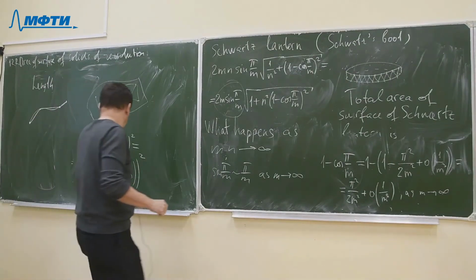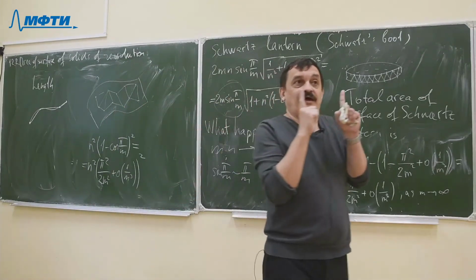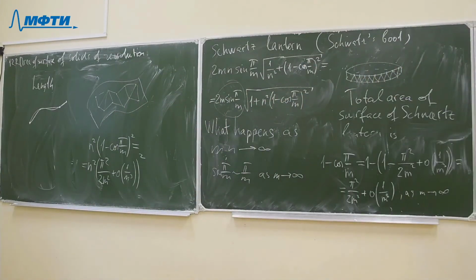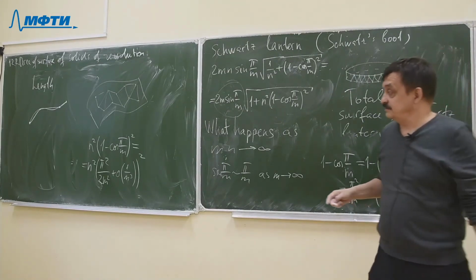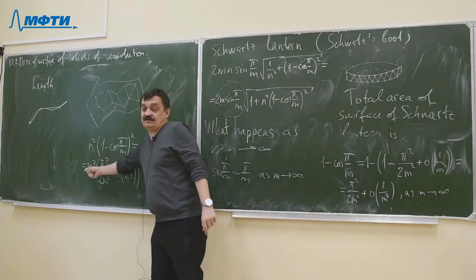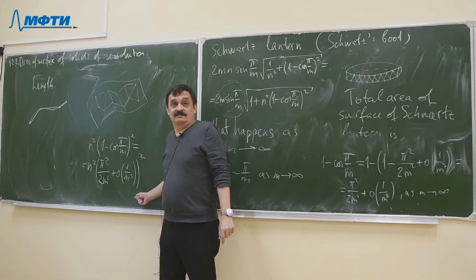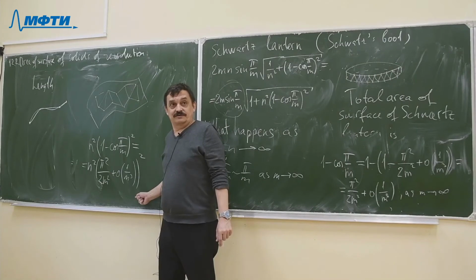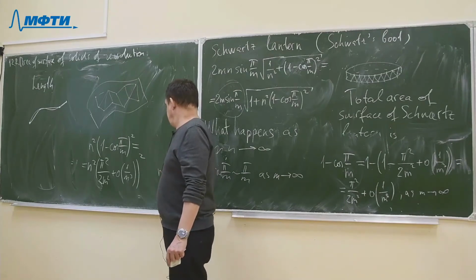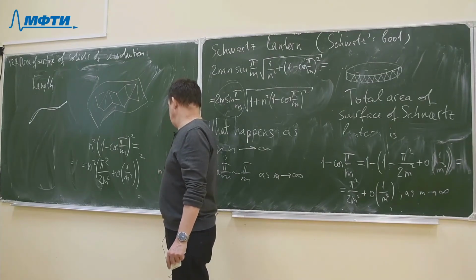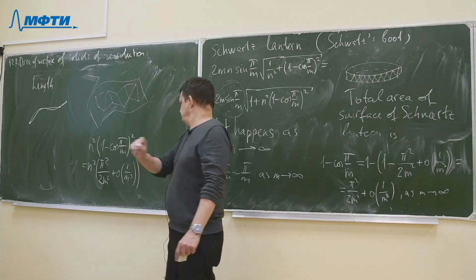Look, both n and m tend to infinity independently of each other. It means we can obtain here every number as we want, right? In fact, for example, what can we take? Let's take n equal to m cubed.